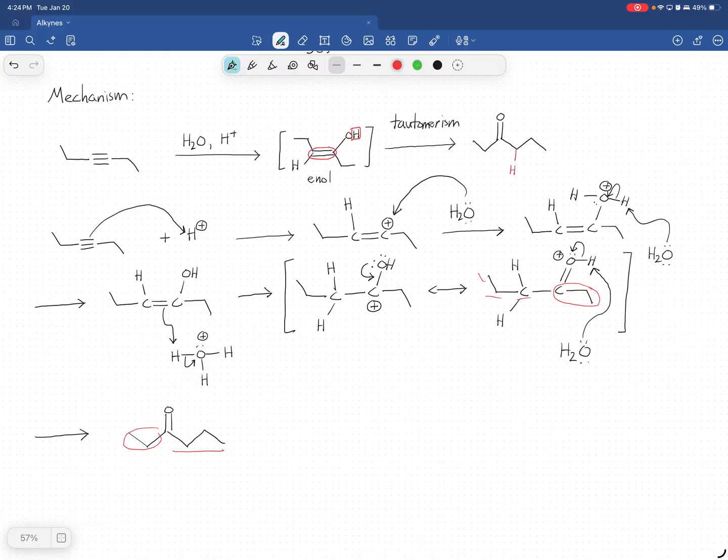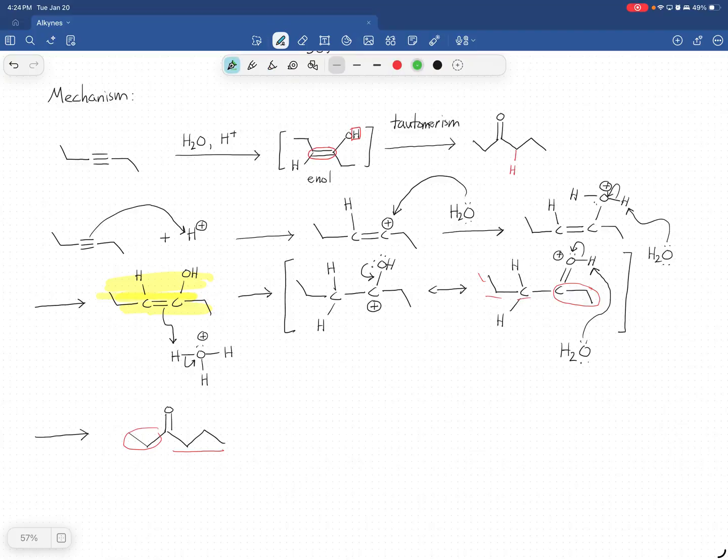See how when we form the enol, this group right here, it's not very stable, so it's going to rapidly react with acid, and it forms this, and then it can reform the double-bonded O, the carbonyl, and that is what's going to form the final product. So it rapidly converts to this carbonyl compound because that's more stable than having a CC double bond and just a single carbon-oxygen bond.